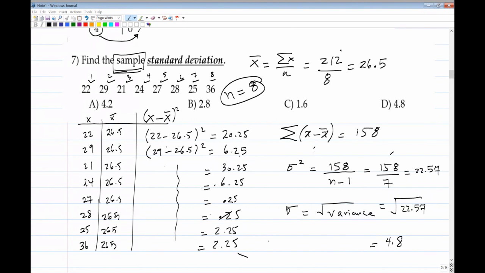Enter the values. I'm just going to show you a couple of them: 29, and then 21, and 24. Now in the next list, you'll fill out the mean.